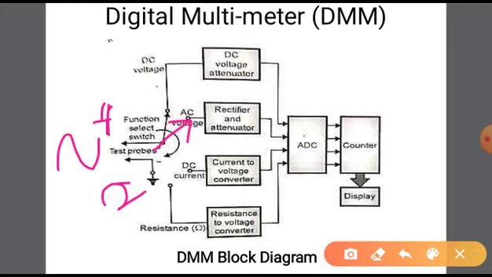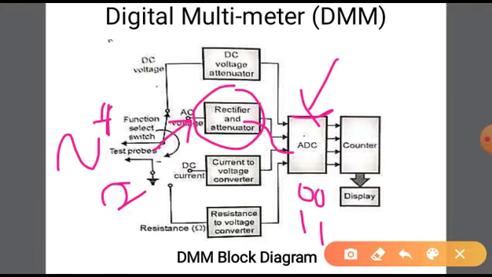The rectifier converts AC into DC and the attenuator decreases the voltage. Then the signal comes to the ADC, which once again converts analog to digital, so your signal is available in the form 0010. The counter counts the actual values and shows the numbers on the display. That is the simple operation of AC voltage measurement.